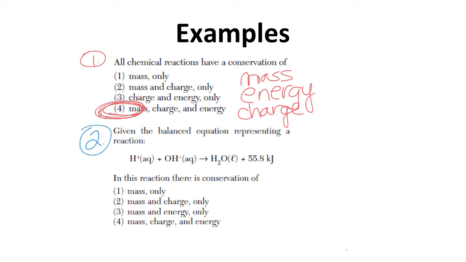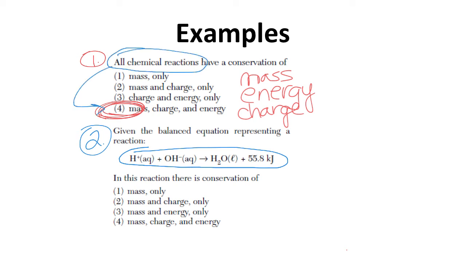Okay, in question number 2, we have this balanced equation right here, and it's saying in this reaction. Well, if we go back to question number one, in all chemical reactions, mass, charge, and energy must be conserved. So mass, charge, and energy still must be conserved.